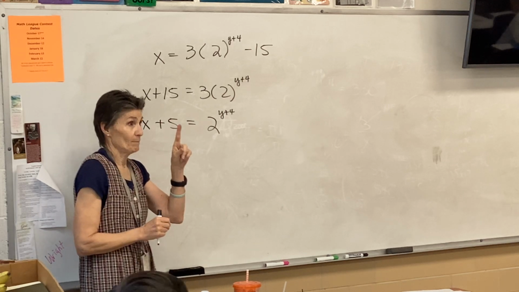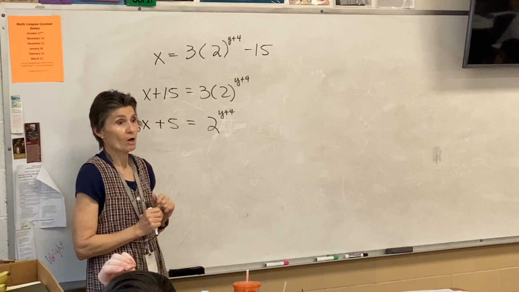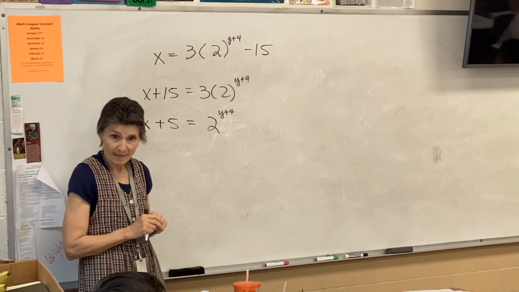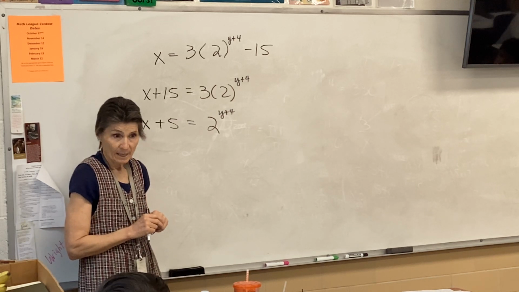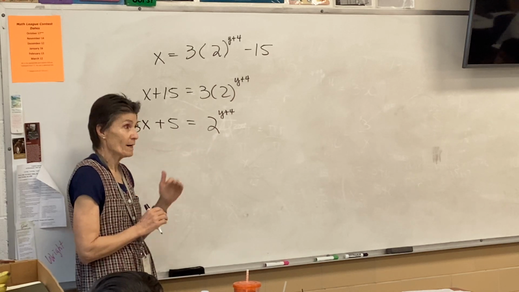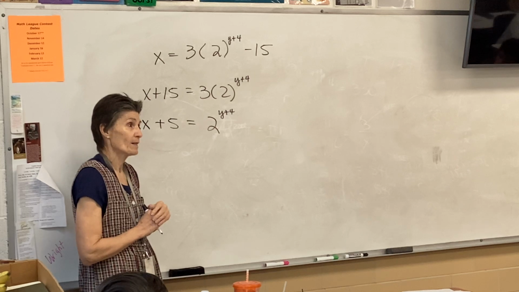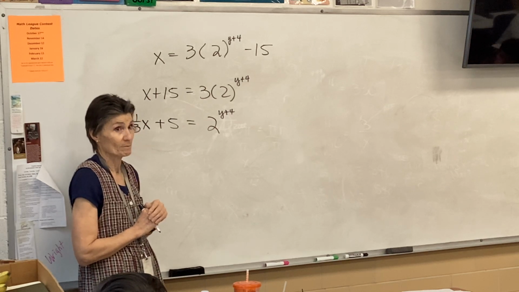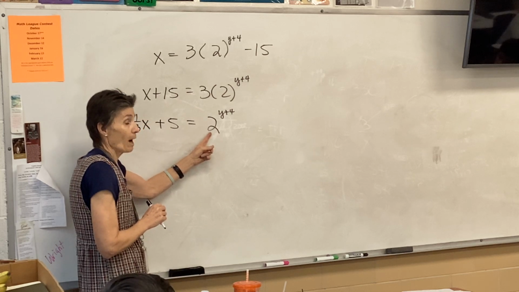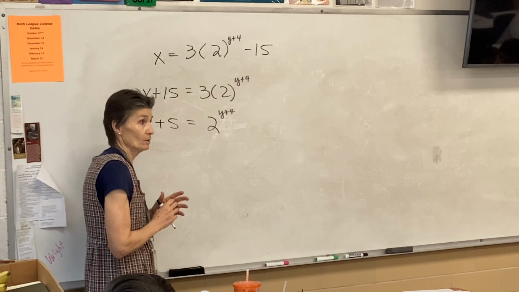Now we have a problem because we are solving for y. And y is an exponent, and there's no way I'm going to get a common base here. So the only way to solve for that y is to use logarithms, right? And since that's a 2, I'm going to do base 2 logarithms.